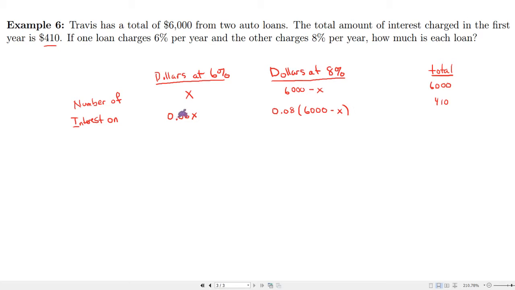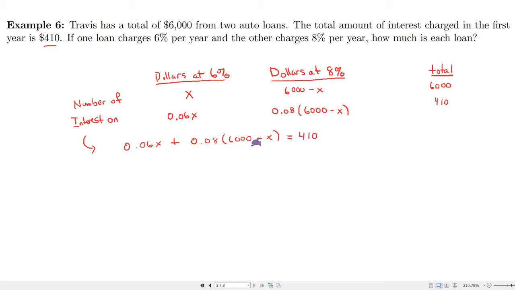We would have that the sum of the interest on the two would be equal to this total. So we would just write that down here: 0.06x plus 0.08 times 6,000 minus x is equal to 410.